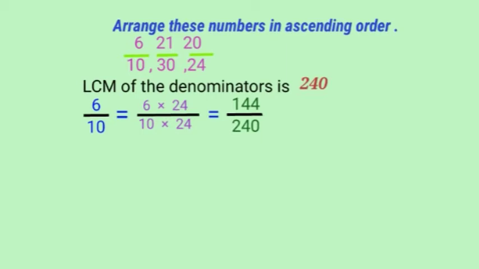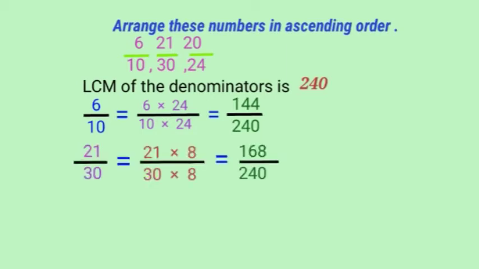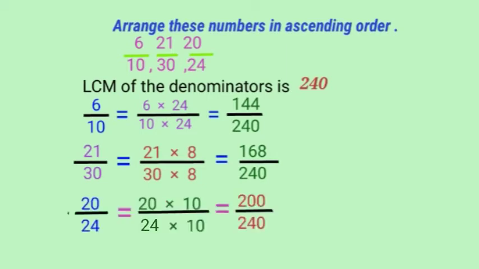Now consider the next number, that is 21 by 30. So 21 by 30 is equal to 21 into 8 by 30 into 8, that is equal to 168 by 240. Next one, 20 by 24 is equal to 20 into 10 by 24 into 10, that is equal to 200 by 240.